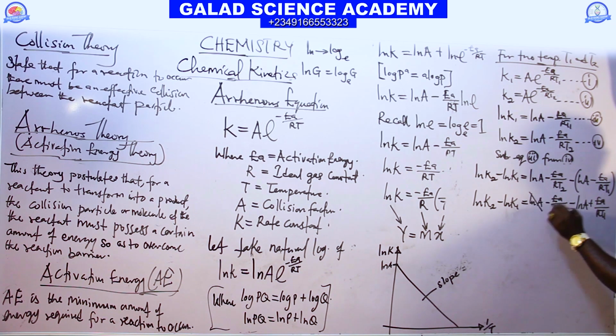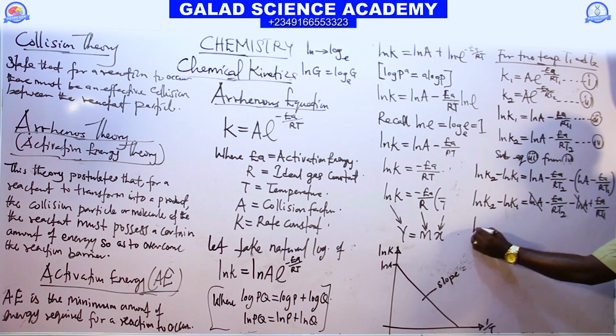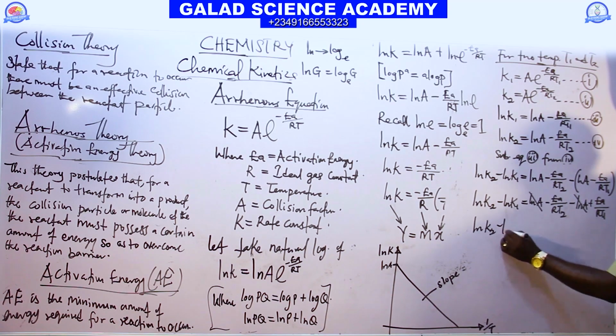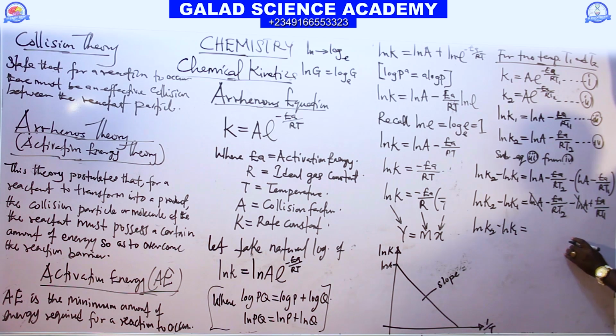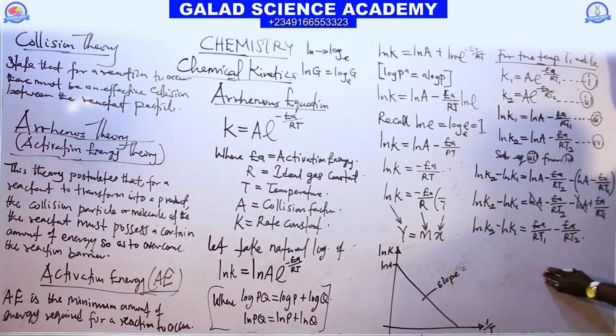So this cancels this. We are left with ln k2 minus ln k1 equal to Ea over RT1 minus Ea over RT2.